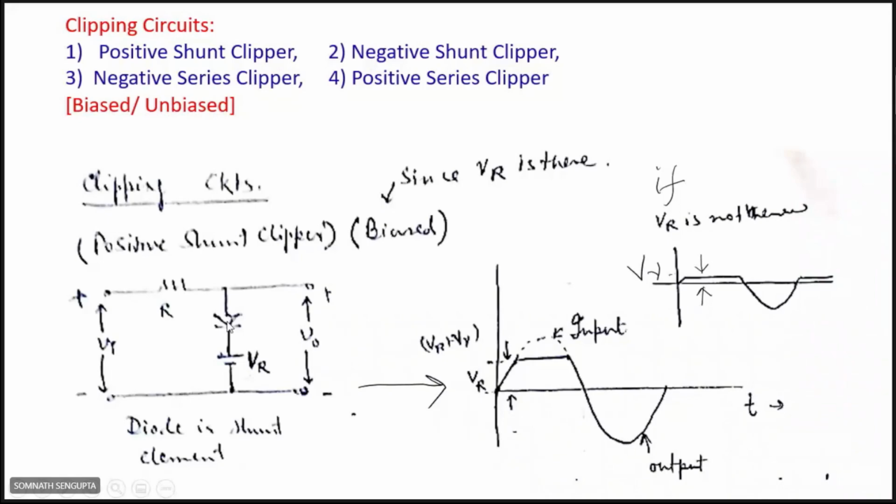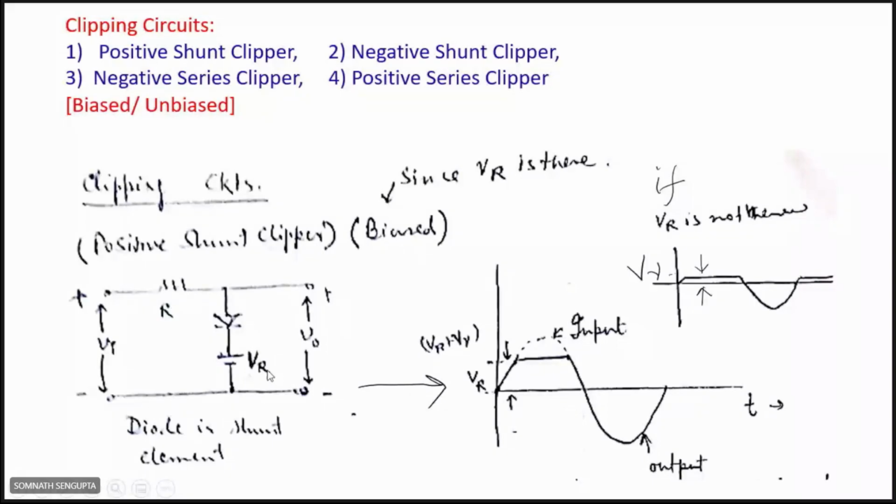We take the output across the diode. And this is biased, meaning we have connected a reference voltage VR. We may not use this reference voltage, but for some practical purposes we may use it.